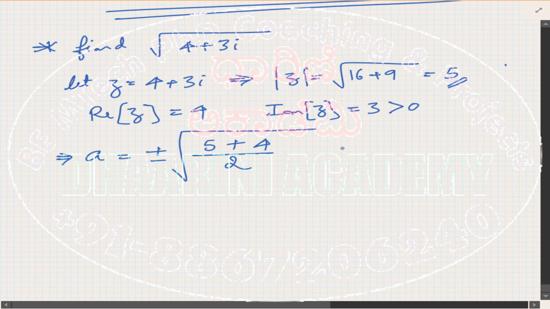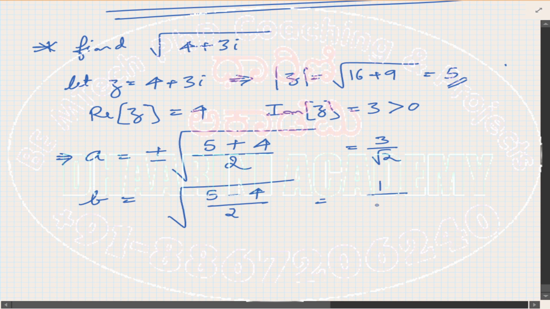This is equal to 5 plus 4 is 9, so this is 3 divided by root 2 is the value of a. I have a plus or minus coming up. So b is equal to under root, this is 5 minus 4 by 2. 5 minus 4 is 1, so 1 by root 2.